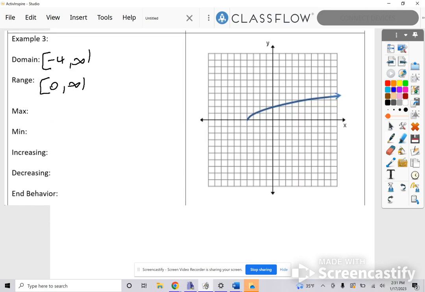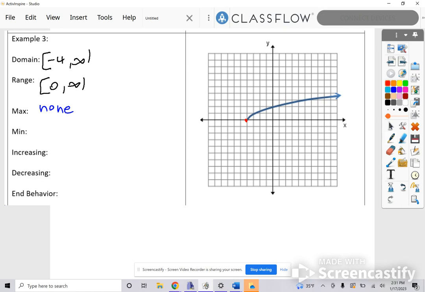Continuing on. Now, again, square root's the weirdo. Most students are okay going, this thing never has a maximum. It never goes from an increasing to a decreasing section. So most students go, okay, no maximum. But where we struggle sometimes is, do I constitute this as a relative minimum?